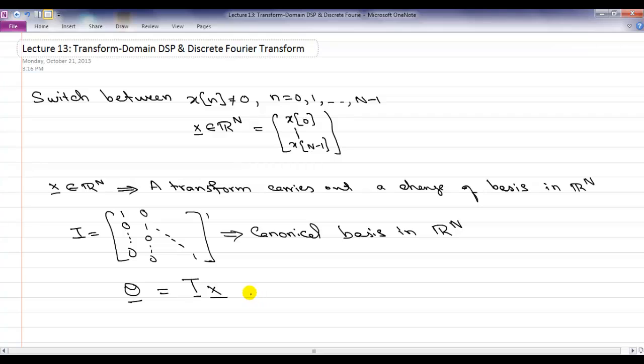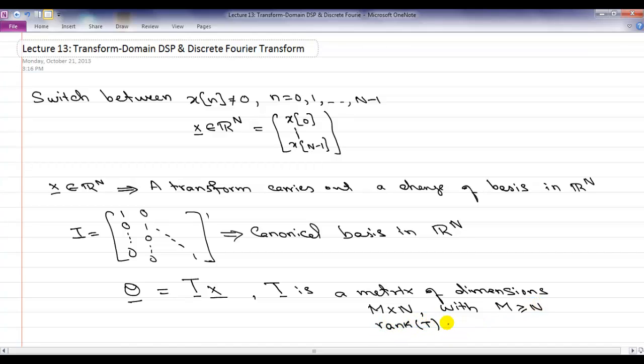So x is your vector, and this T is a matrix of dimensions M by N, with M bigger than or equal to N, and rank of T equals N. So rank means simply how many linearly independent rows or columns of this matrix you have.